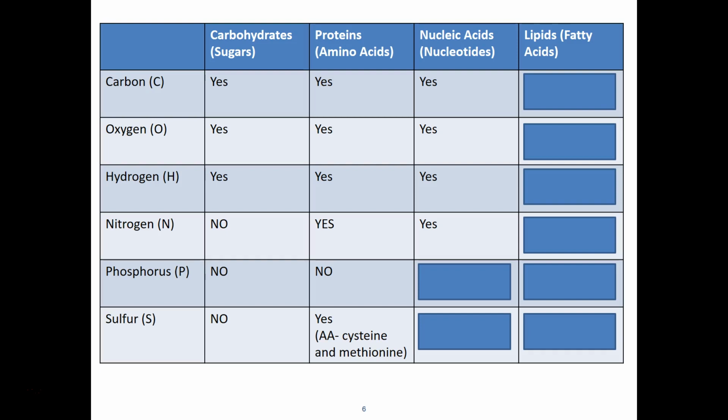Oh, look, nitrogen's in the name. Do they contain phosphorus? Yes. Remember? Phosphate, sugar, phosphate, backbone. So you know this stuff. Just got to dissect it. Do they contain sulfur? No, because then that would ruin Hershey and Chase's experiment. Right?